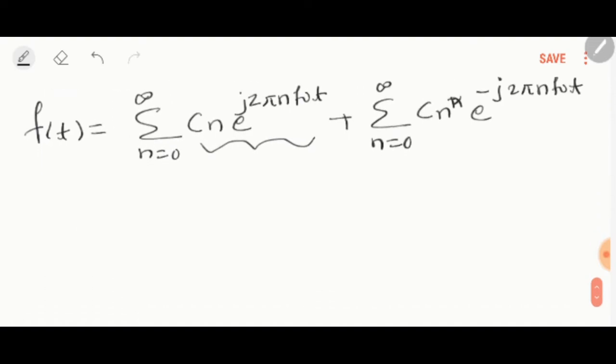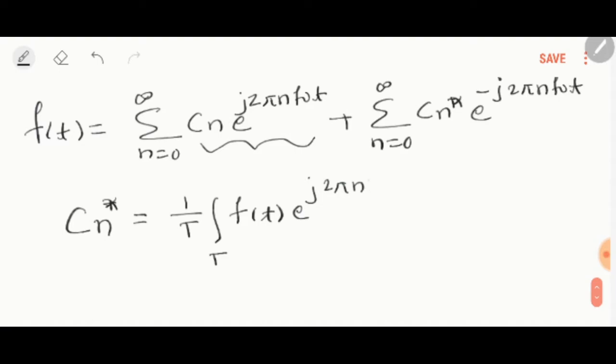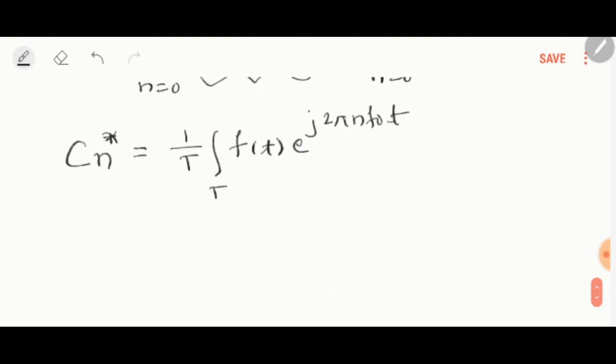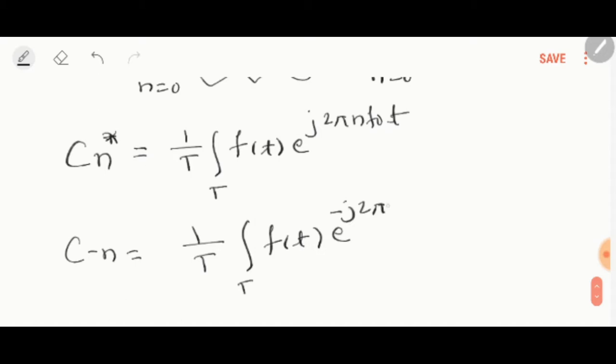Now to make it more generalized, we can have one observation that Cn complex conjugate is nothing but 1 over T integration over T ft e to the power j 2 pi n f naught t, whereas C of minus n will be 1 over T integration over T ft e to the power minus j 2 pi into minus n f naught t dt.